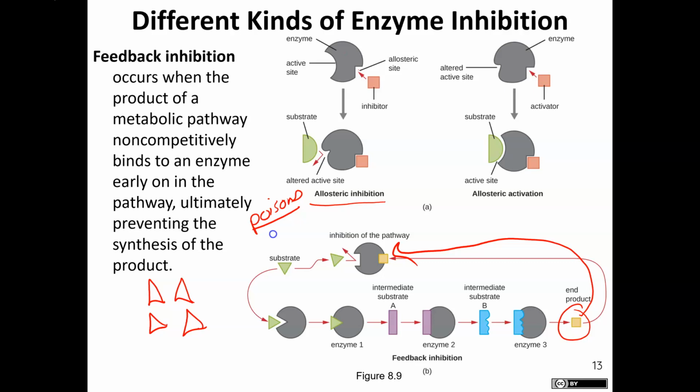That's really what happens. Examples would be, I cannot think of the example. So I can't give you the example right off the top of my head, but we have certain drugs that are used in competitive inhibition, and they stop pathogens from producing specific molecules that are needed for their metabolic pathways.